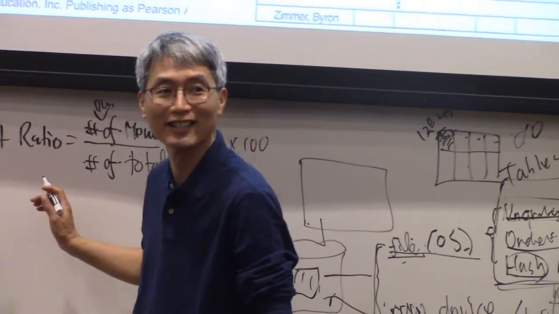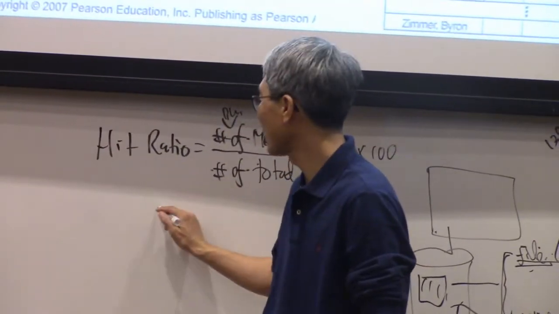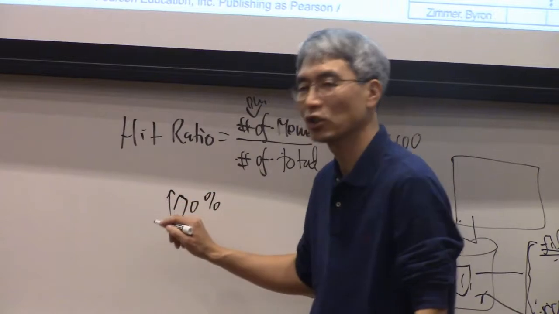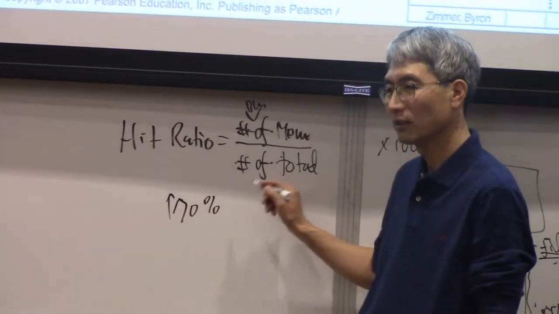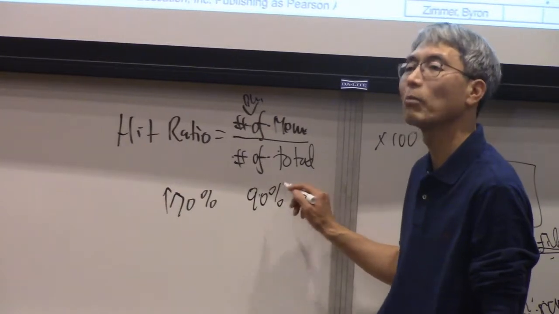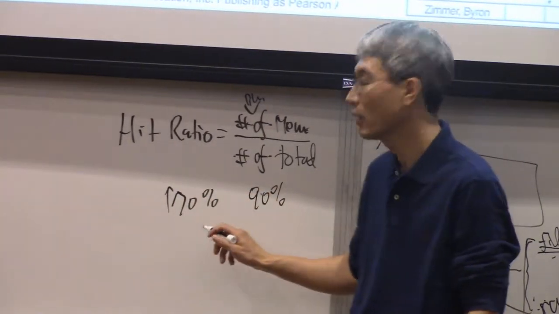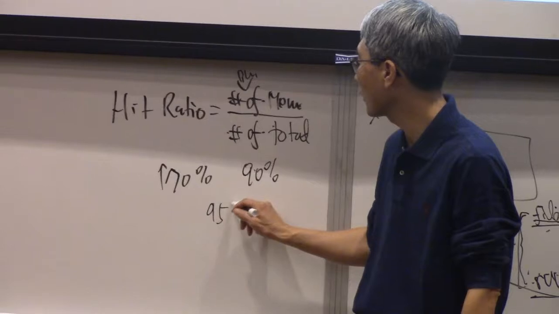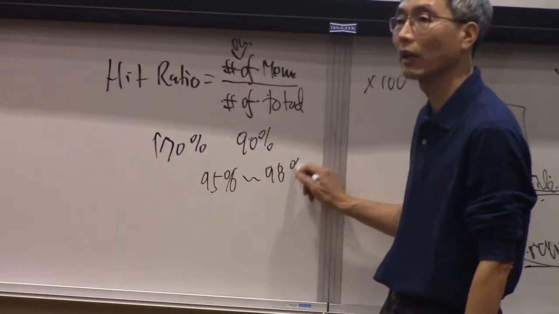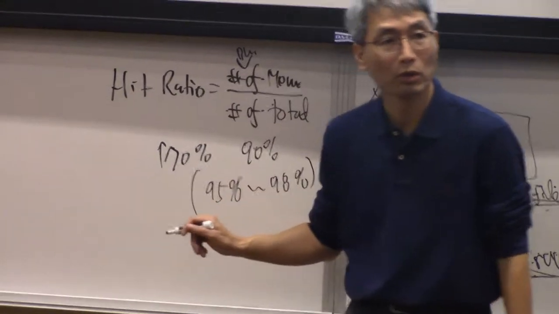Yes, just guess. 70? So much higher. 80? 90? Still not enough. So most DBMS systems have a 95% to 98, 99% hit ratio.